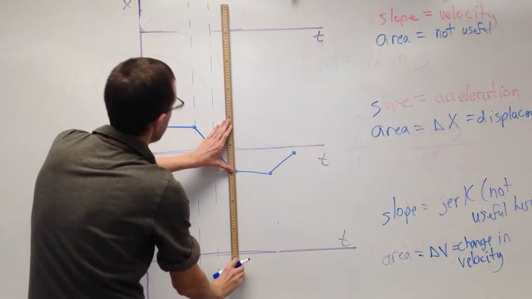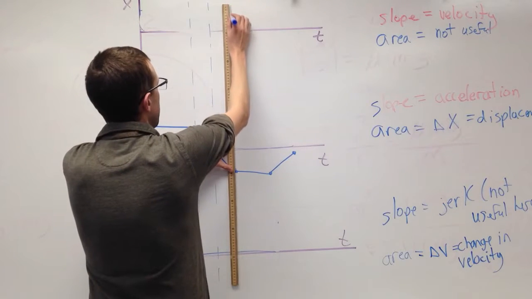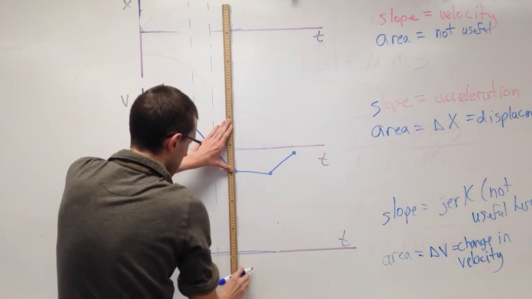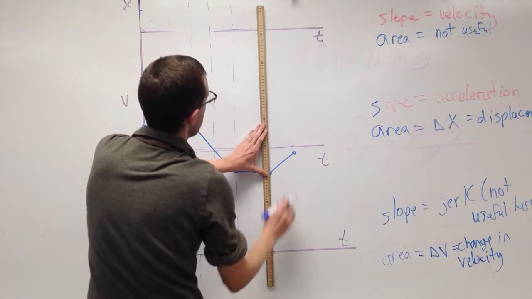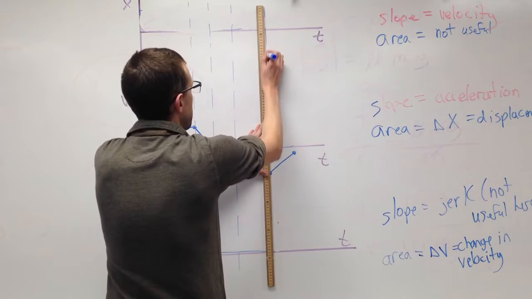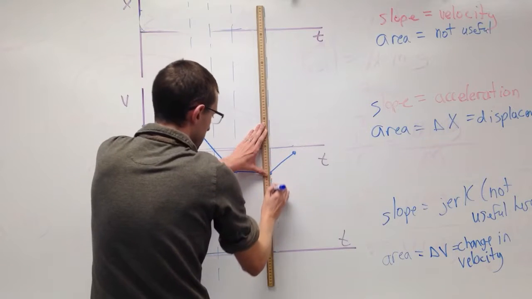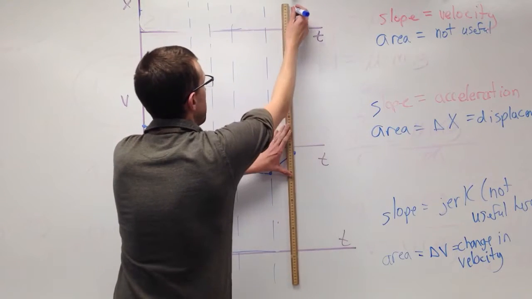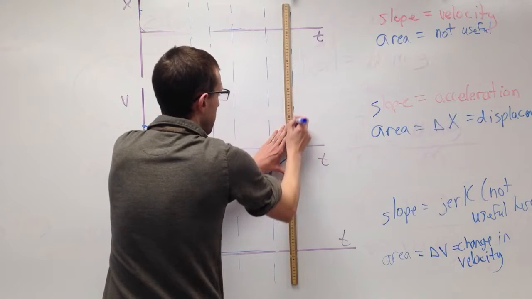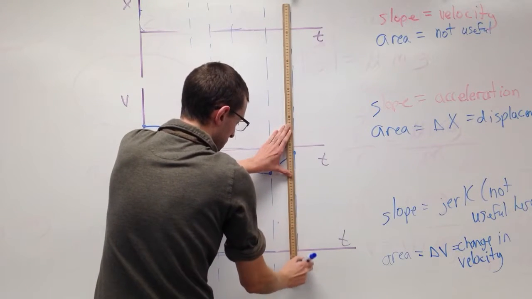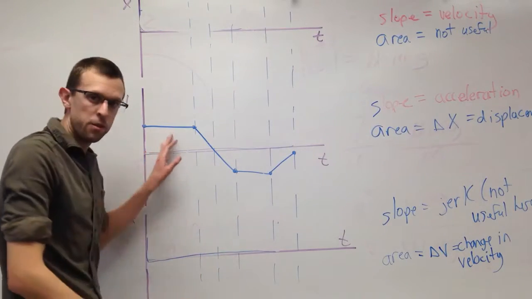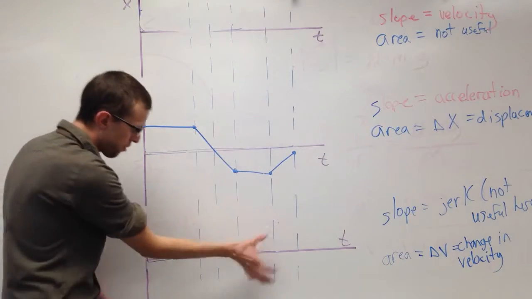All right, and then here's a change in the shape of that velocity graph. Okay, and another change in the shape of that velocity graph. And then the end of our motion. Okay, so starting with the velocity graph, let's go this direction first.